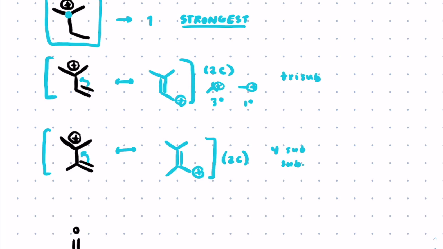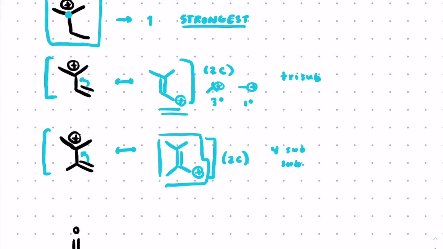So what we really care about, this is tetrasubstituted, this is tri-substituted, is which one is more stable. Tri-substituted alkenes are actually less stable than tetrasubstituted alkenes. So in this case, this is going to be a more stable electrophile than this one. So it is going to be less powerful, I guess, as an electrophile, if you want to think about it like that.